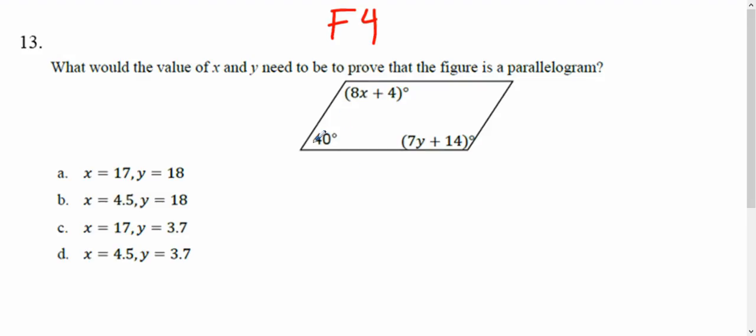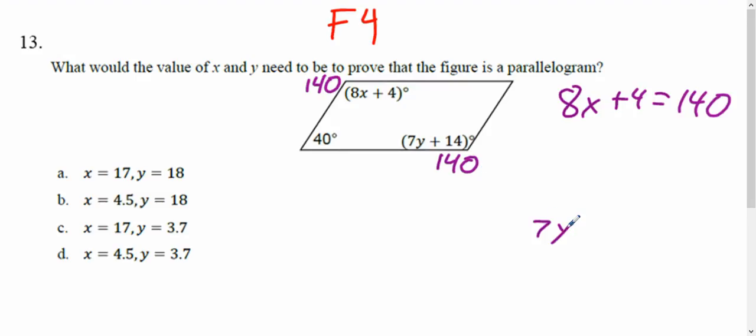So if this angle is 40, the angles that are consecutive to it, right next to it, need to be 140 because they have to add to be 180. So now we have two simple equations. 8x plus 4 has to equal 140. Also, 7y plus 14 has to equal 140.